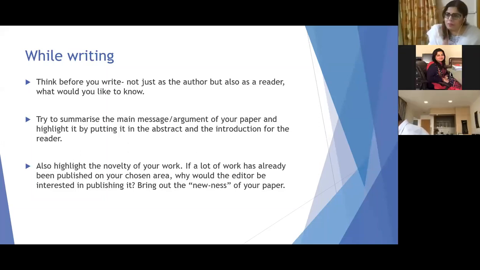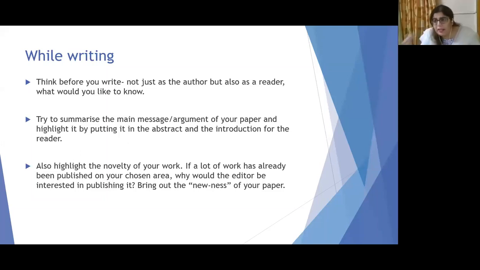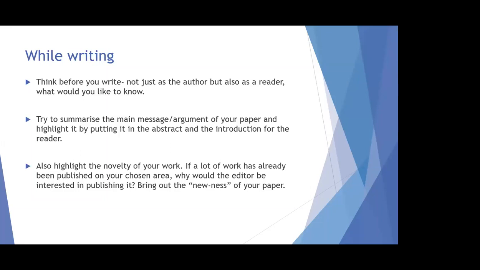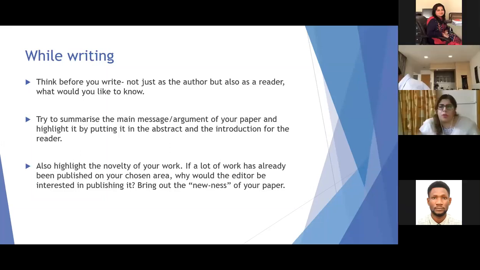If at the very beginning they get an idea of the main argument of your paper, it clarifies things for them. So it's very important that you highlight your main argument, your main finding, your main message in the abstract and in the introduction for the reader.